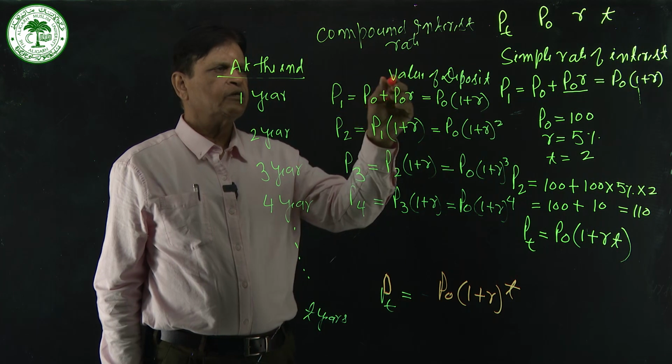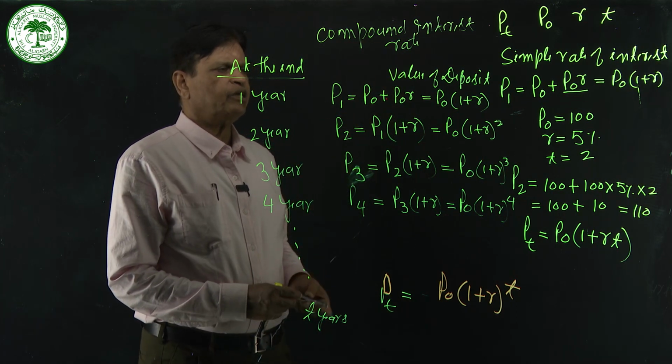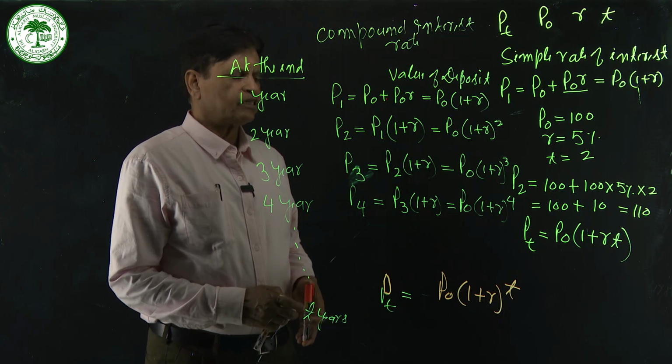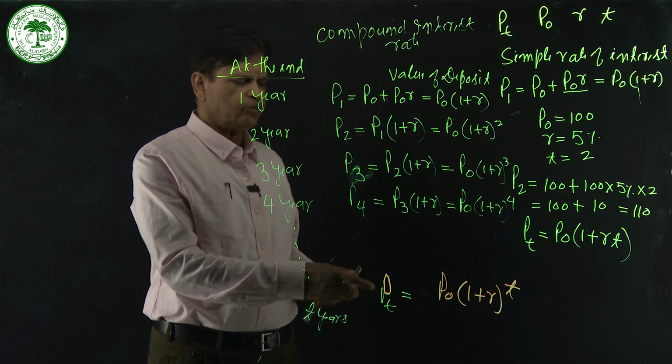If you deposit P0 amount as principal amount in the beginning, and the rate of interest is R and the time period is T, the amount received will be this much.